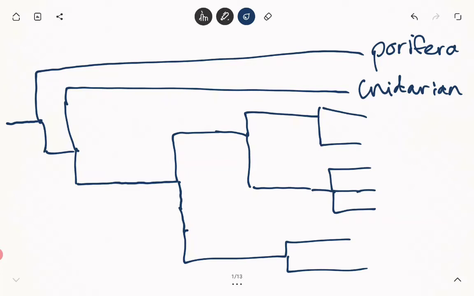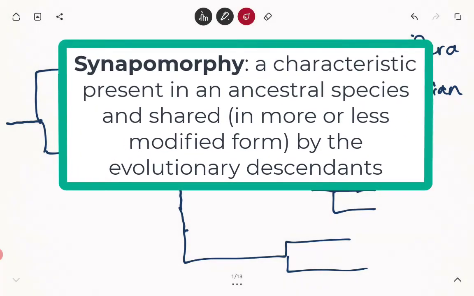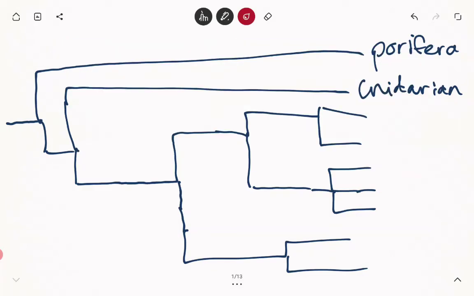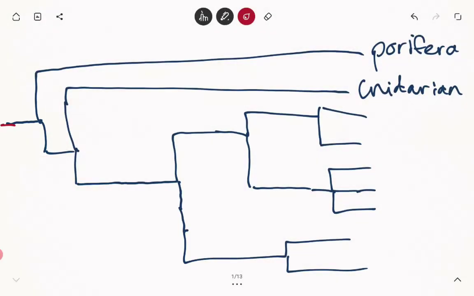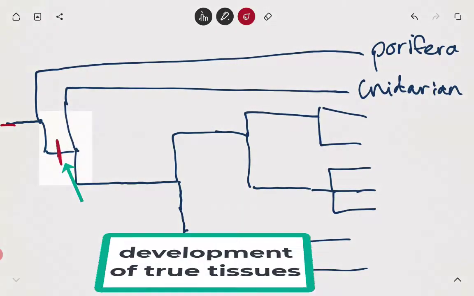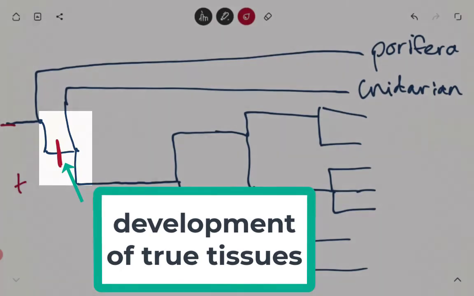so this lineage right here, so let's go back and let's mark on some of these synapomorphies. So those traits that we use to categorize these organisms into different phyla. So this would be our common ancestor of all animals. Right here, at this point right here, we see specialized tissues.